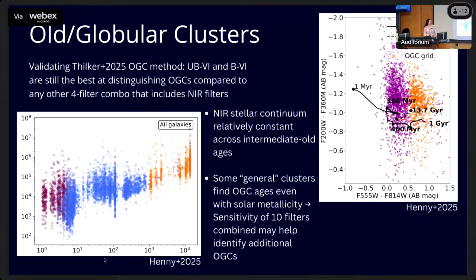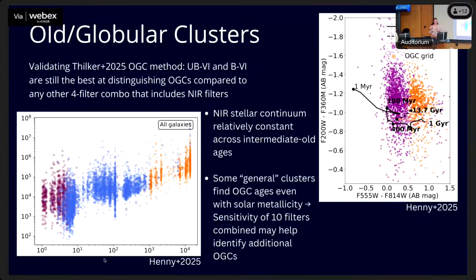I will say that when we look at all 10 filters that I'm using, it seems like adding those filters is identifying some clusters that are likely to be globular clusters that got missed with the 4 filter bands. There are all these blue points that are in this globular cluster regime.